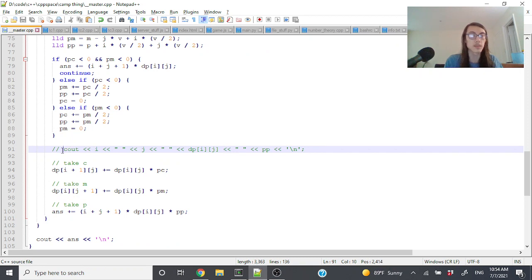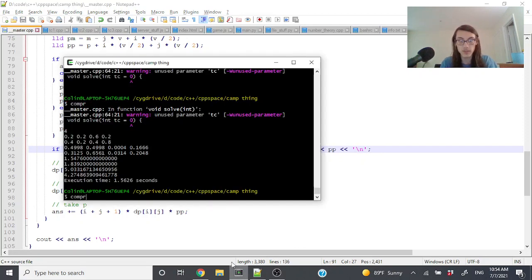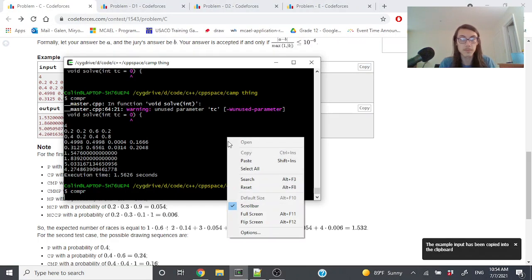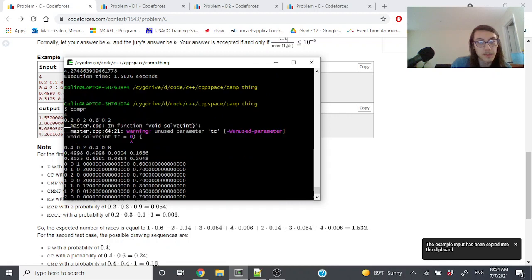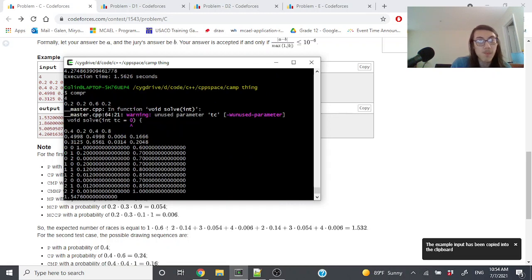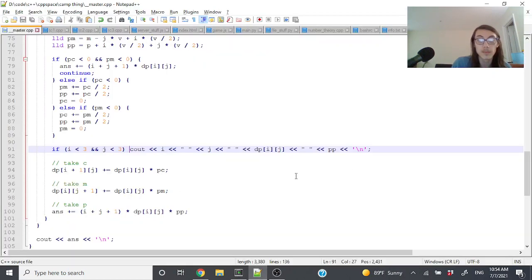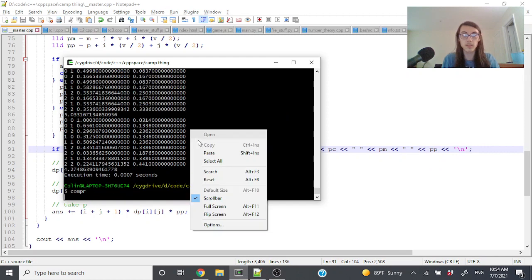Okay, so if i is less than 3 and j is less than 3, we're going to debug the first one. So the first one is a bit wrong. 0, 0, probability of being here is 1. Then this.